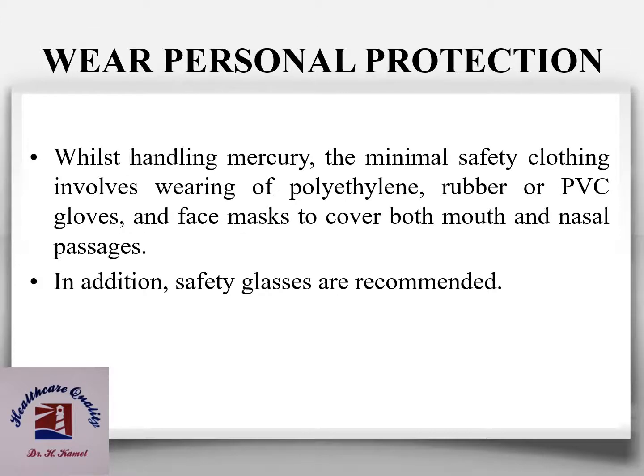Whilst handling mercury, the minimal safety clothing involves wearing polyethylene, rubber or PVC gloves and face masks to cover both the mouth and the nasal passages. In addition, safety glasses are recommended.